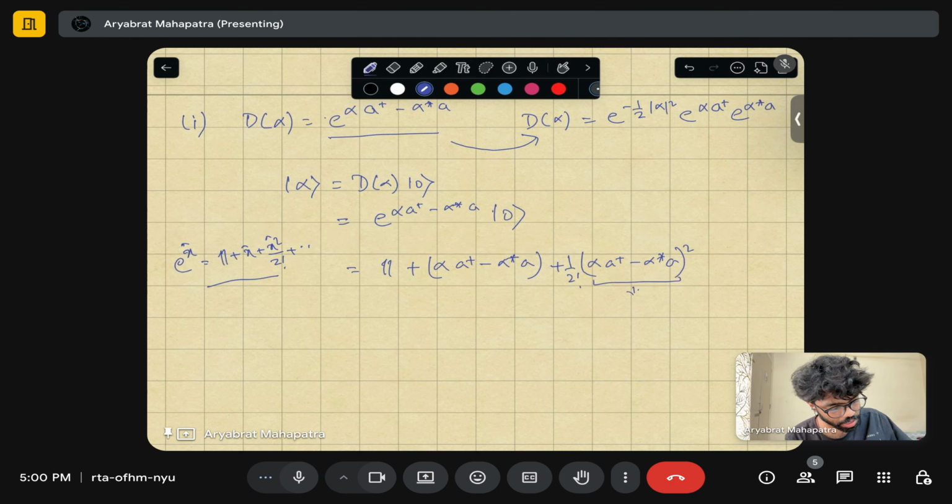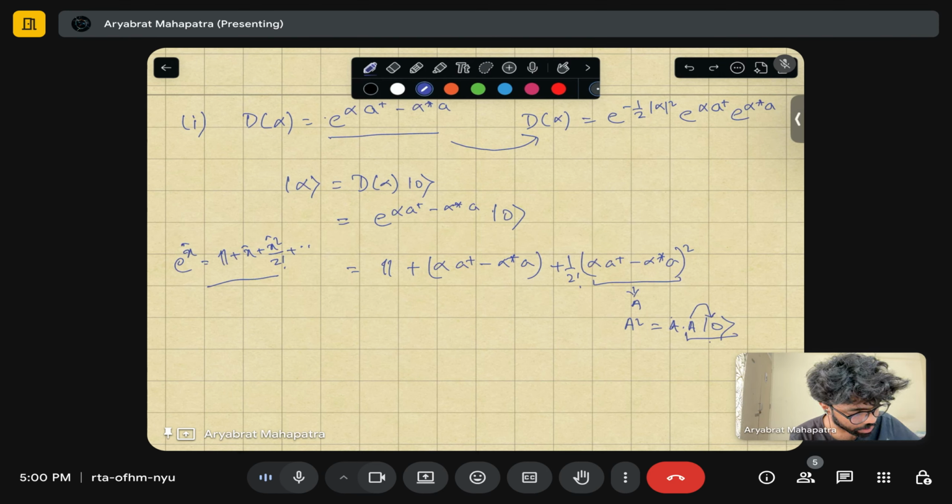If you call this A, then A squared acting on 0, you first have to operate A on 0, then whatever you get, you have to operate A again on it.